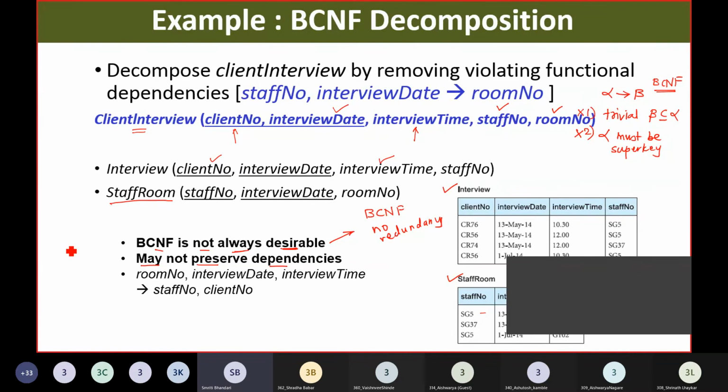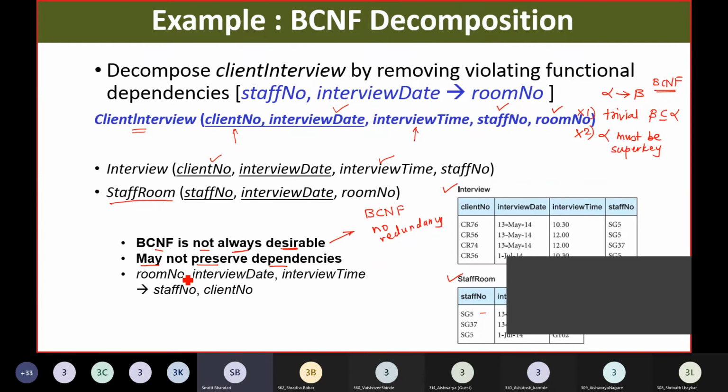And without computing the join of two relations, if I am able to check for the functional dependency, then I'll say that my dependency is preserved after decomposition.